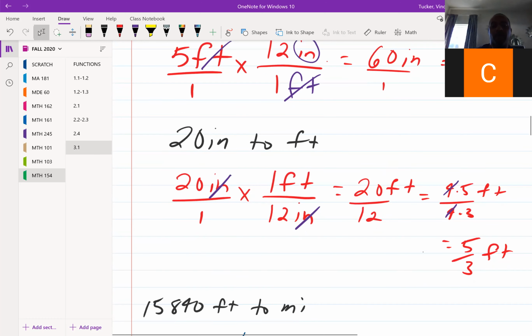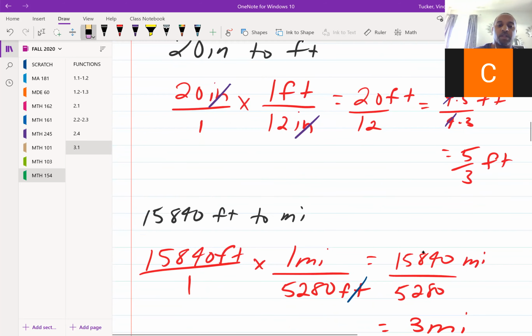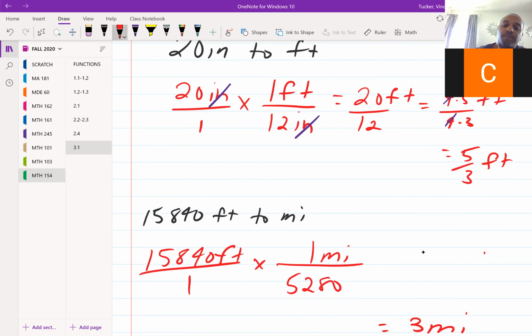All right. If I had 15,840 feet and I want to convert it to miles, then I need to use the conversion factor 1 mile is equal to 5,280 feet.